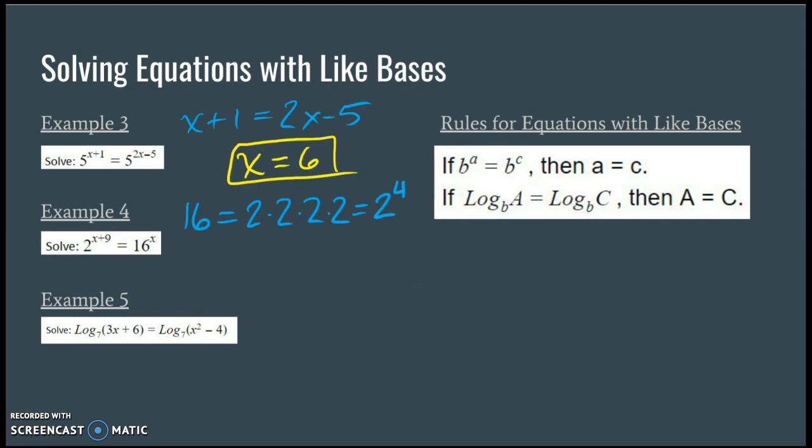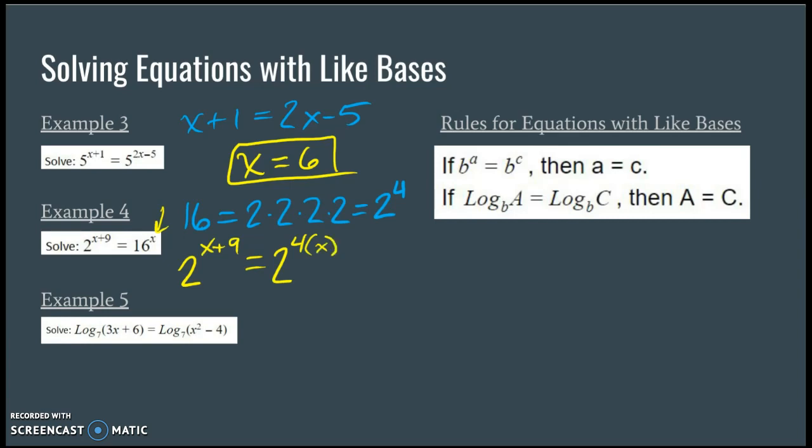So this allows me to rewrite the equation as 2 to the x plus 9 power is equal to 2 to the 4th power. However, there was an x originally as a power on 16. So anything that was originally part of the power now has to multiply the 4 that is now there.